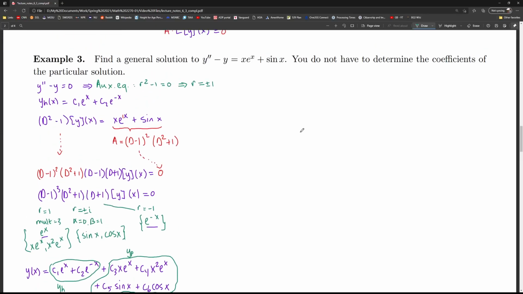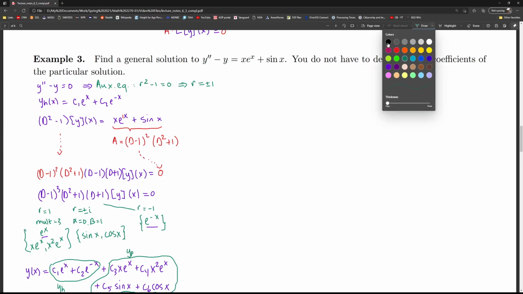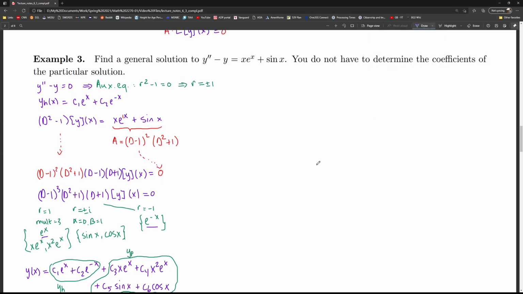Now, just as a comparison, I'll show you the basic steps of how you would do this using the method of undetermined coefficients, at least how you set that up. And this is just for comparison, because this is not part of the question.